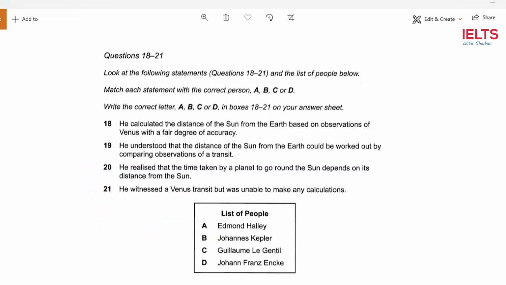And for the list of people here, as you can see, number 1, we have Edmund Halley, then Johnson, Kepler, then C, then D. All these people here, they come in order, and we'll talk about how to match the views, or how to match the passages with the names, and the technique of that.